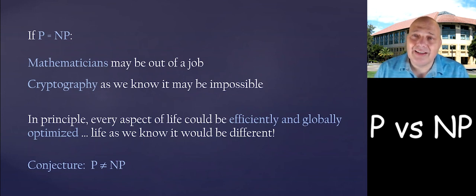So to replace mathematicians, the bar is actually a bit lower. We just want programs that could do as well as humans in finding these proofs. And that I actually suspect could happen, but fortunately for mathematicians my age, I think we have enough time to retire before this happens.